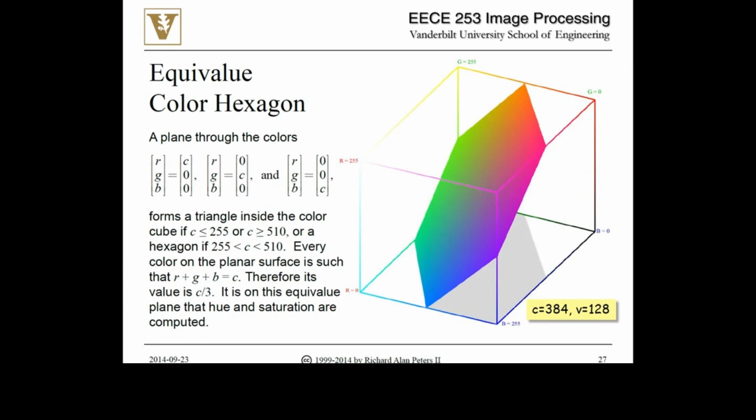We will see it in a moment. So here, just for the sake of example, he has taken C equal 384. For this particular value, we have this intersection that is a hexagon, and we have represented in the hexagon different colors that fulfill that equation.